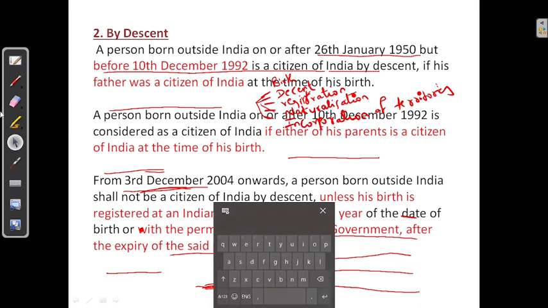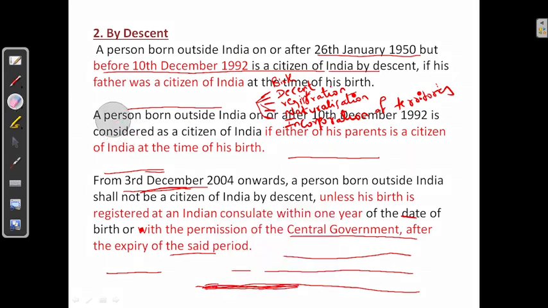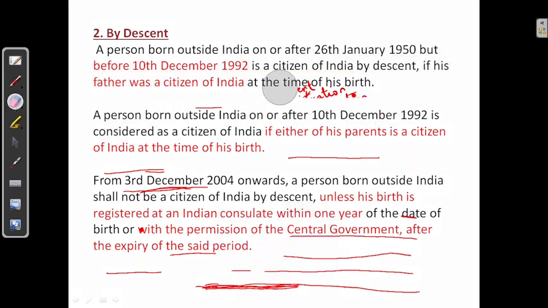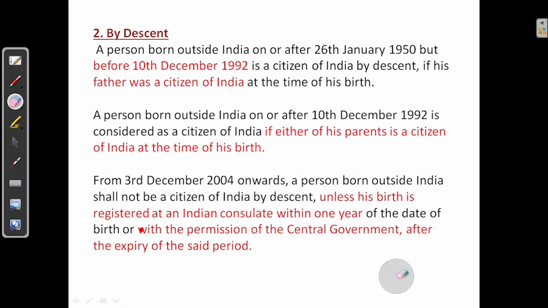Okay, next we'll see the acquisition of citizenship by descent. A person born outside India on or after 26th Jan 1950 but before 10th December 1992 is a citizen of India by descent if his father is a citizen of India at the time of his birth.